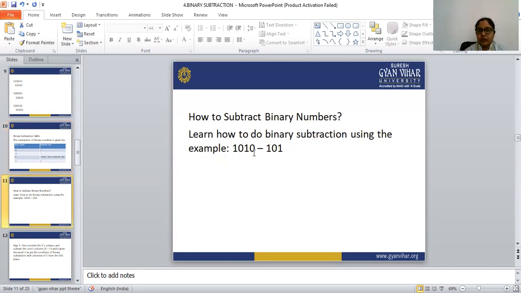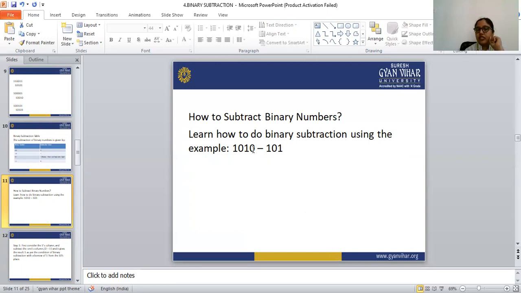This 0 borrows 1 from the second digit, so this 1 goes here and this 0 becomes 1 0. Binary number 1 0 is equal to decimal number 2, and 2 minus 1 is equal to 1. So the first digit is 1.